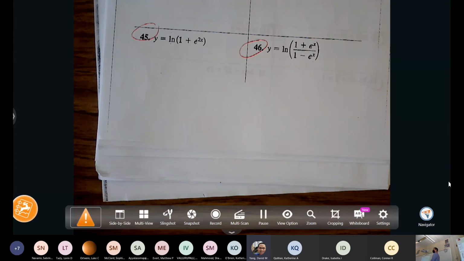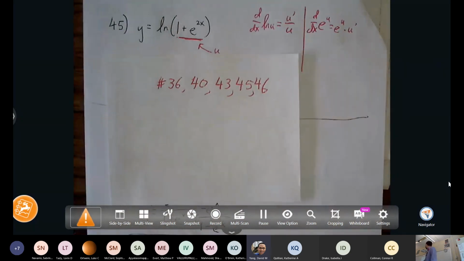We have 2 rules at play, right? You've got the natural log rule and you've got the exponential function base e. So which rule is going to come first? The natural log or the e to the 2x? Yeah, the larger rule gets applied first. So what you see inside the parentheses, that's your u value. So start building your u prime over u from there.